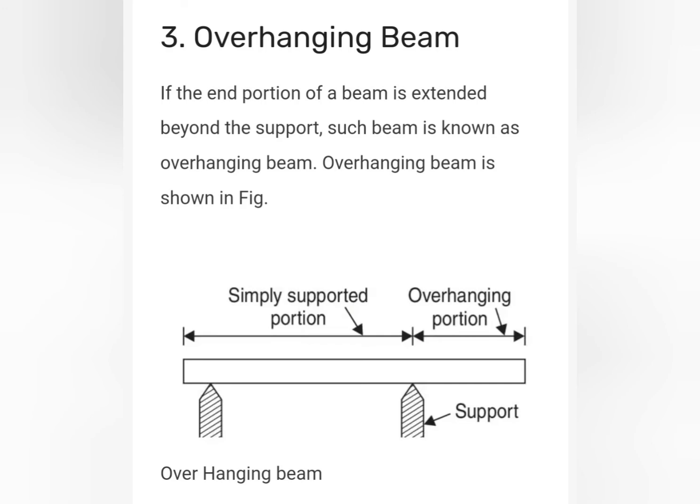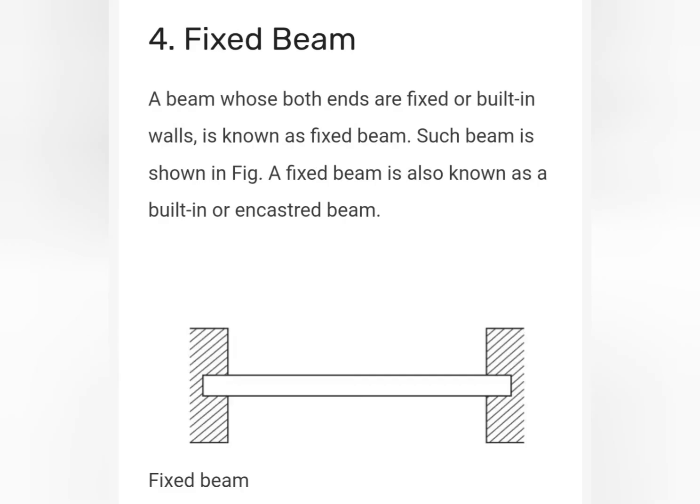And the fifth one, number 5, we call the overhanging beam. It is the fifth type.